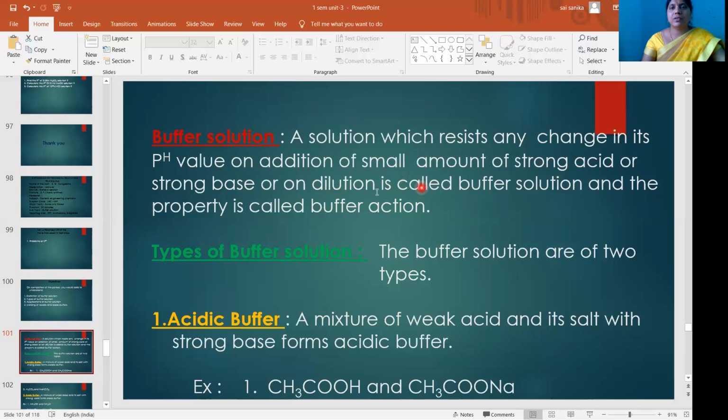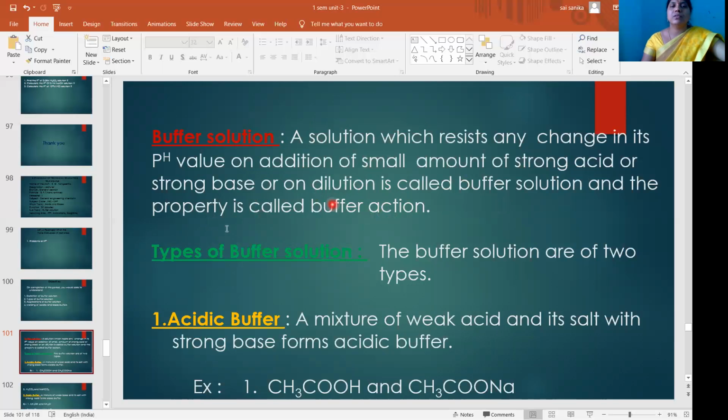By adding small amounts of strong acid, strong base or water to such a solution, its pH value remains constant. That type of solution is called a buffer solution, and the property is called buffer action.